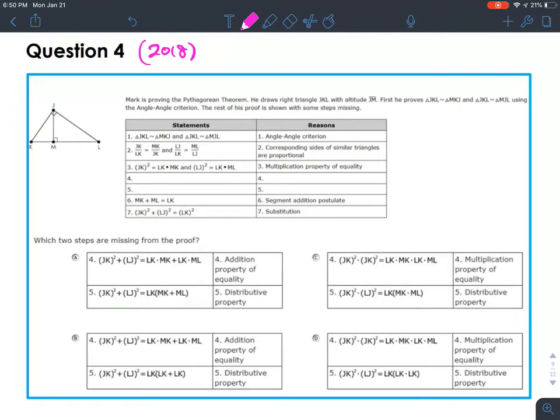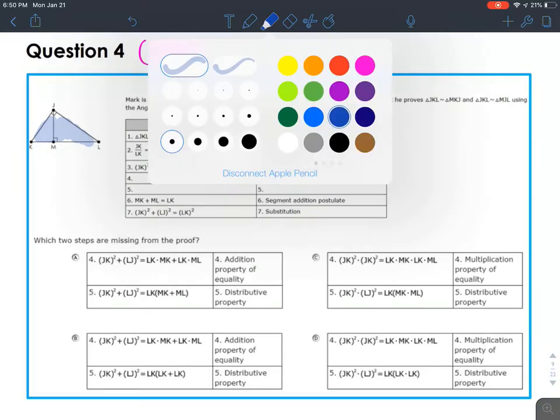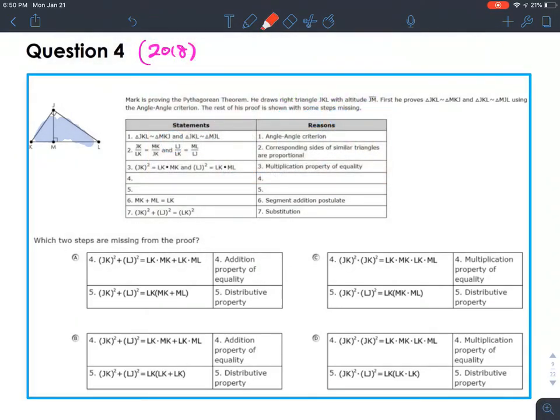First, he proves that triangle JKL, that's the big one, is similar to triangle MKJ, that's this one here.